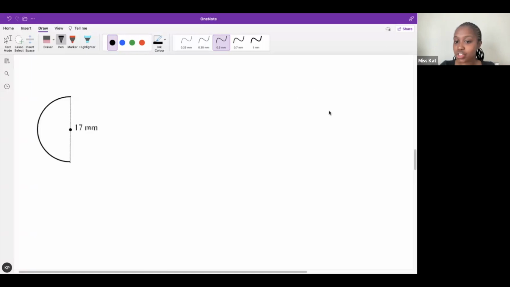Now, formula for area of a semicircle. What's the formula for area of a semicircle? Half a circle. So I'm going to write, area equals.